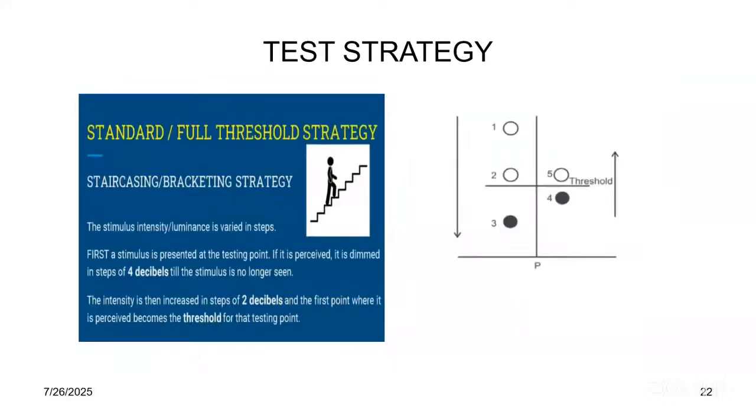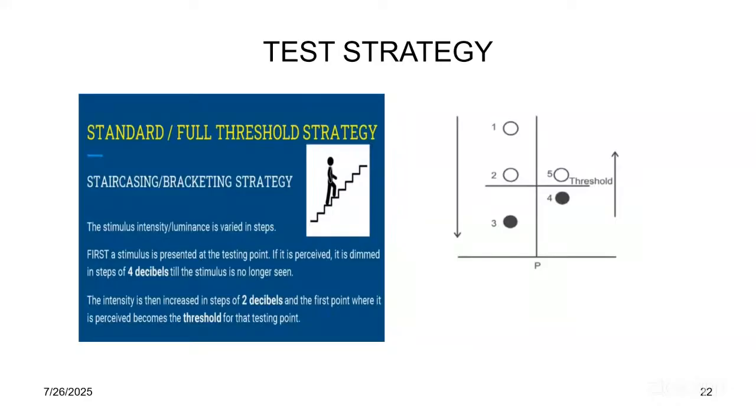For the test strategy, okay, you have a particular pattern that you want to test the patient. So how do you present this light stimulus to this retinal point, and for you to be able to detect if there's any scotoma in that area?